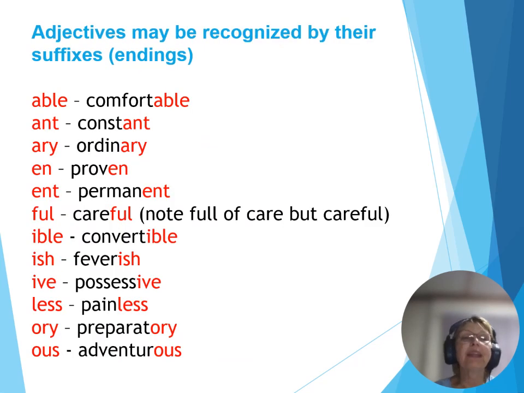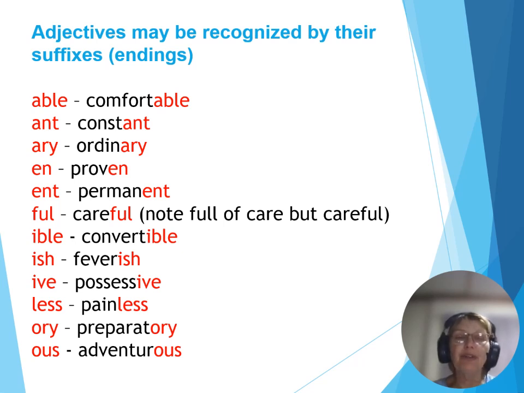Then, adjectives may be recognized by their suffixes, and a suffix is the ending of the word. So you would have this whole list of comfortable, the able, which makes part of it, ant as in constant, ordinary, proven, permanent, careful.